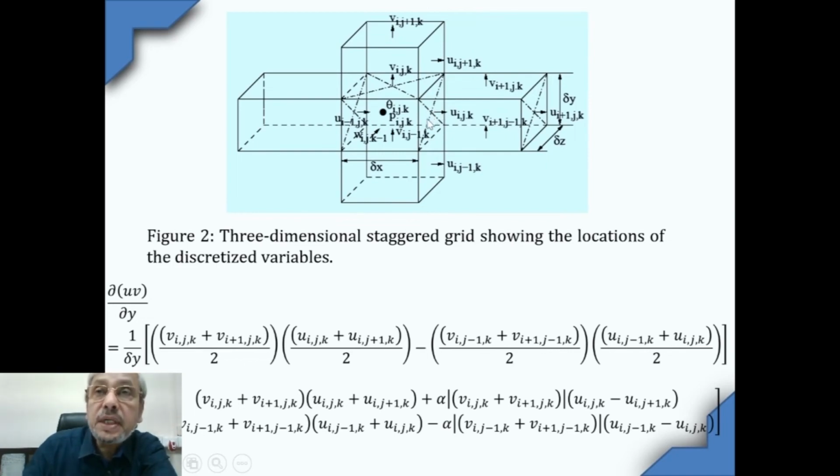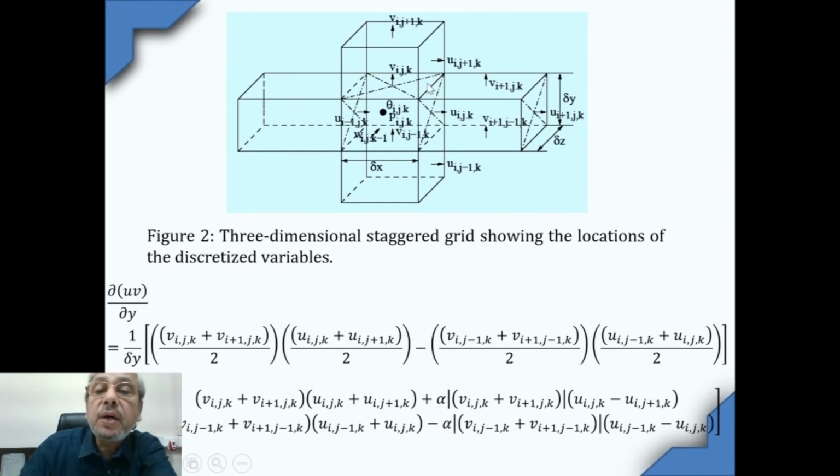So for terms associated with the x momentum equation, we have to determine all the quantities at a point where uijk has been defined. So the second term of the momentum equation, del y of uv, we have to calculate at this point where uijk has been defined.